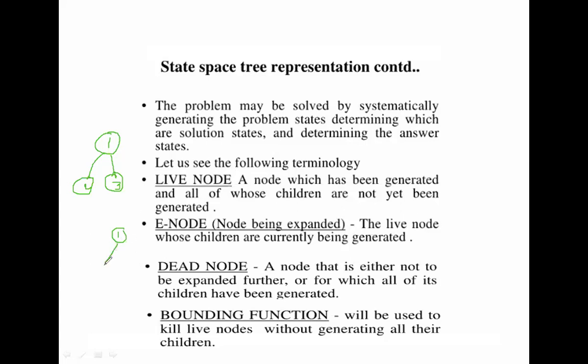Now once a child is generated, it is called a node being expanded. Now it is being expanded, so we call it an E node.